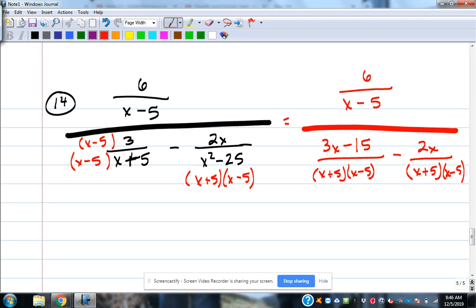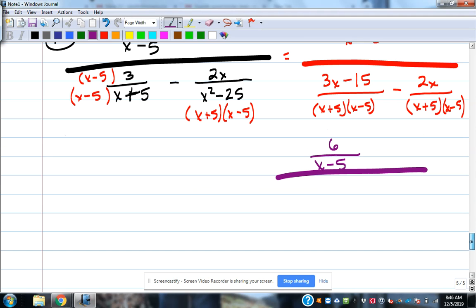Combine the like terms there, because the denominators are now the same. 6 over x minus 5 over 3x minus 2x would be 1x minus 15 over x plus 5, x minus 5.